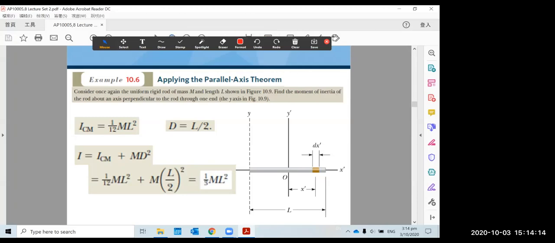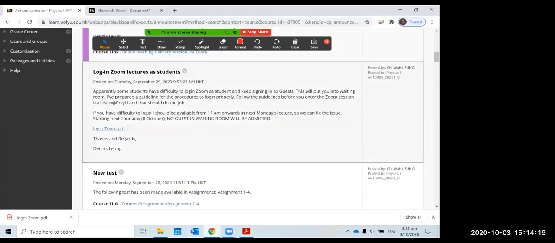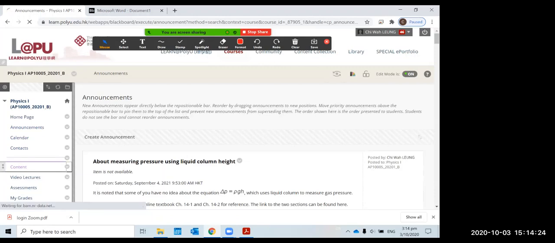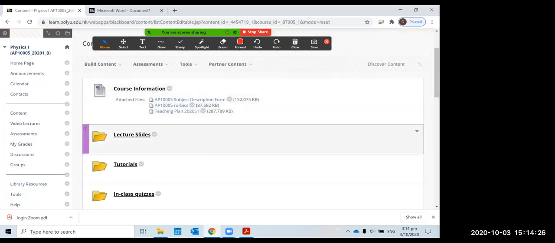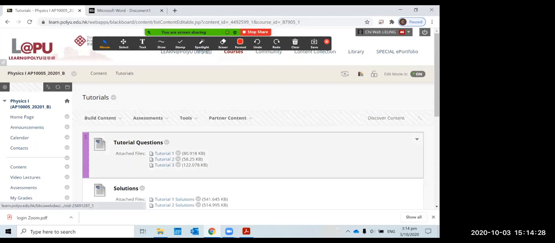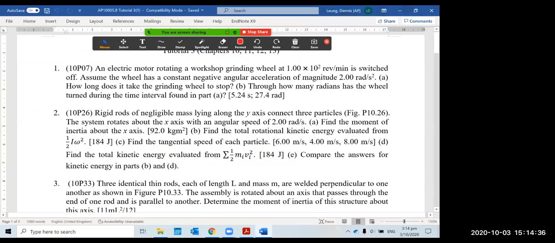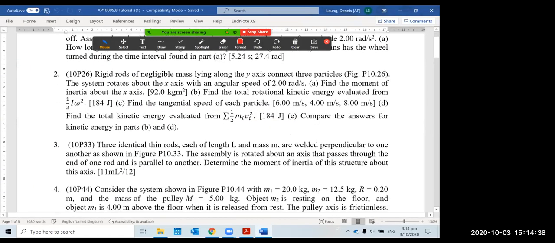So here, let us try to take a look at some tutorial questions, and they would be related to the calculation of moment of inertia. So for example, let us take a look at question number 3.